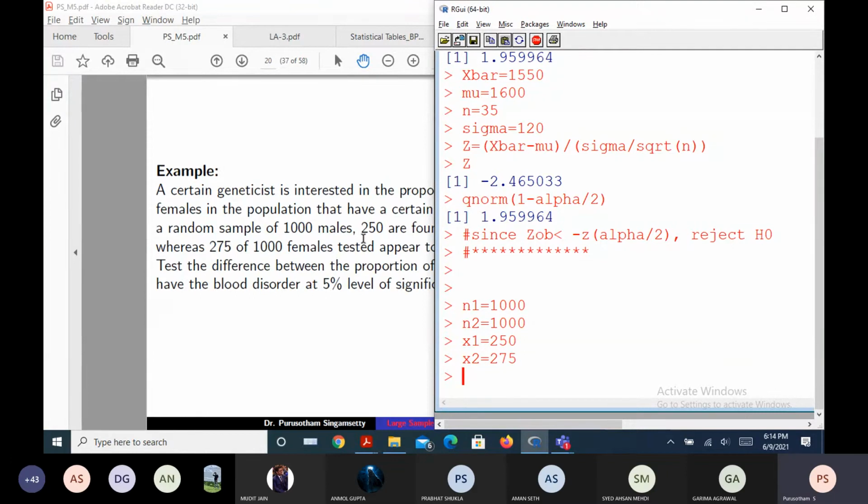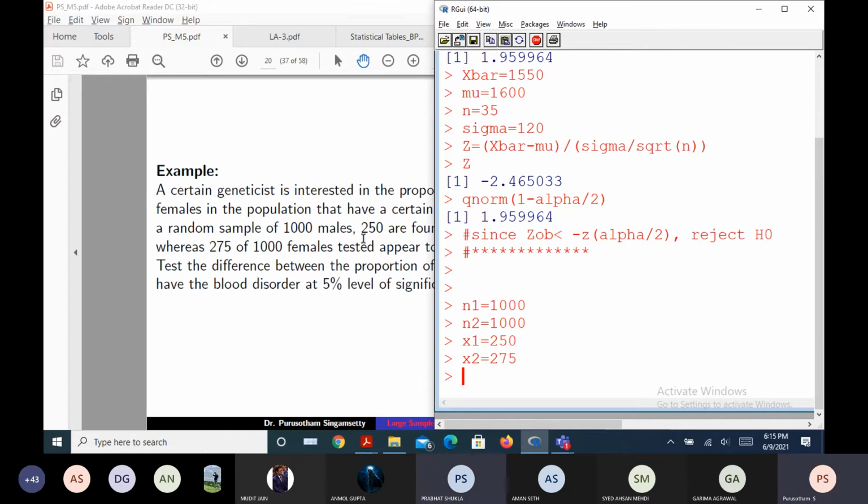Now, with this information, before going to the question, do we have the sample means? In the question? No, sir.